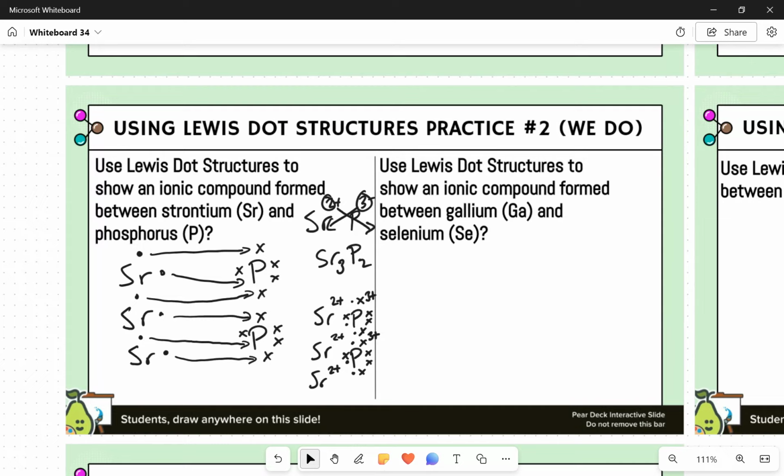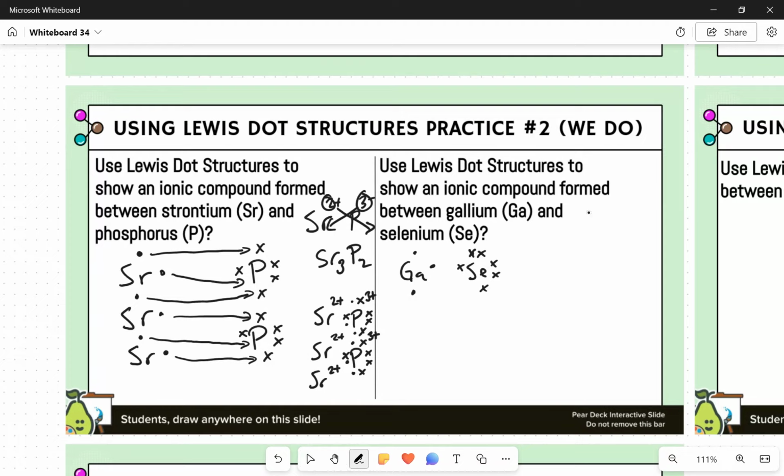Okay, so similar one over here. The difference is gallium has 3 valence electrons and selenium has 6. Let me switch those to X's so that way we're keeping consistent with what I've been showing you.